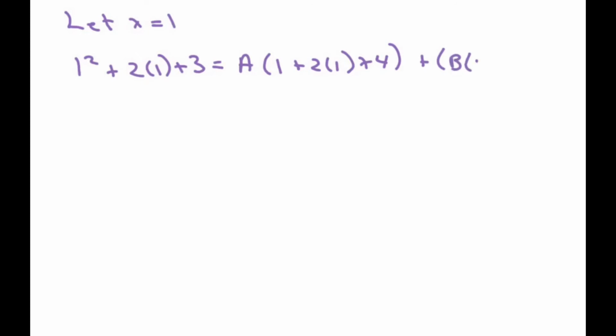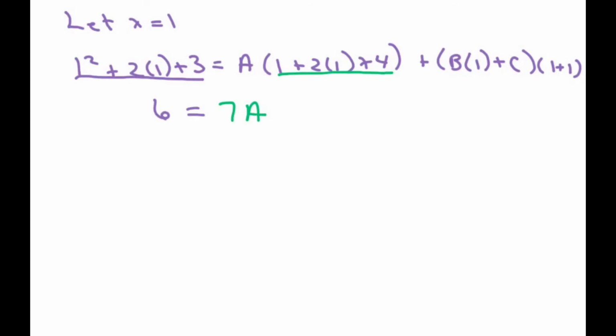So everywhere there's x, I'm putting a 1. 1 plus 1. And then what happens here is this side's going to be 2 plus 3, 6. This all equals 7. And this is going to be a 2 here. So you're going to get 2B plus 2C.